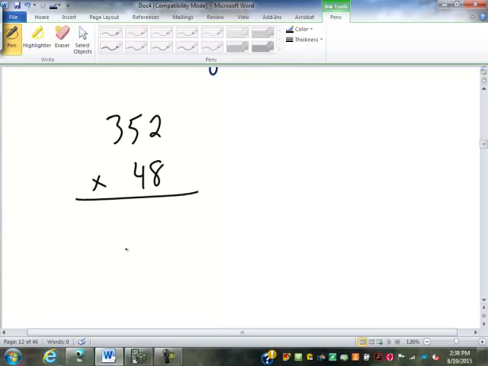Let's look at this one. Talk me through what to do on it. 8 times 2 is 16, so 6, carry the 1. 40, yep. Plus 1 is 41. 1, carry the 4. Perfect. 8 times 3 is 24, plus the 4 is 28. So 8, carry over the 2.